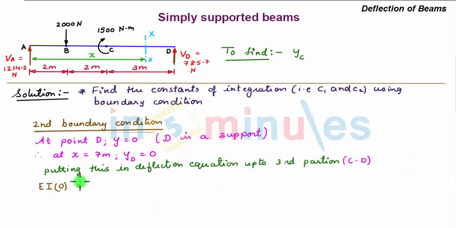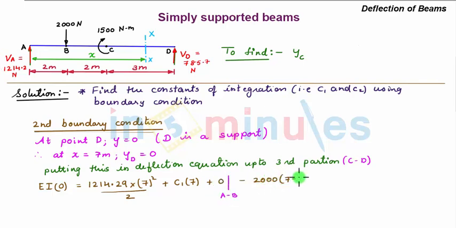into y, which is equal to 0, is equal to VA into x cube by 2 into 3. Now putting the value of VA as 1214.29 into x cube, x is 7 meter upon 2 into 3, plus C1 into 7 plus C2 is 0, first partition, minus 2000 into 7 minus 2 cube upon 2 into 3, second partition, plus 1500 into 7 minus 4 square divided by 2, the third partition.